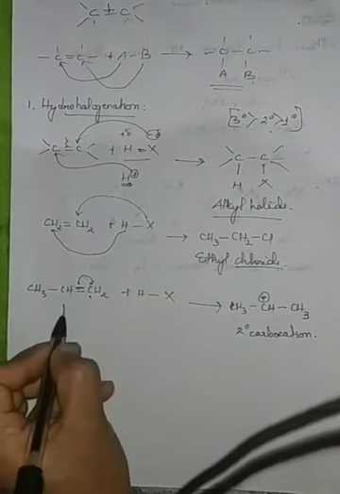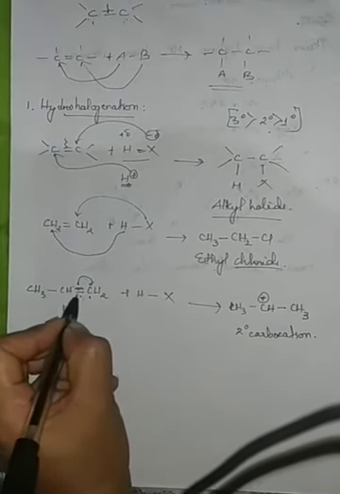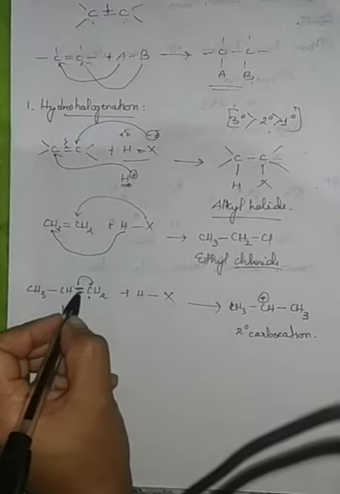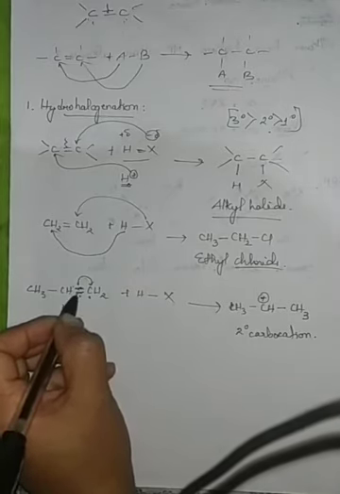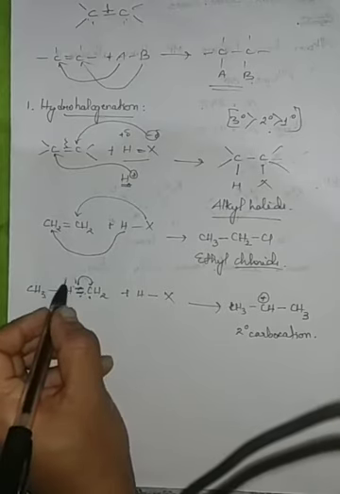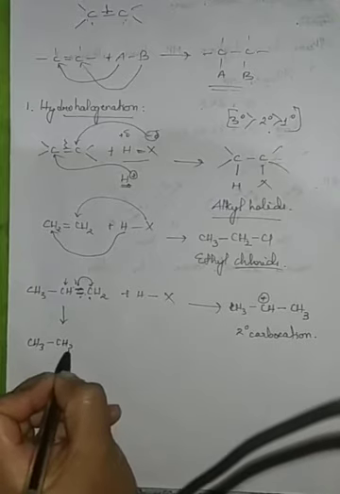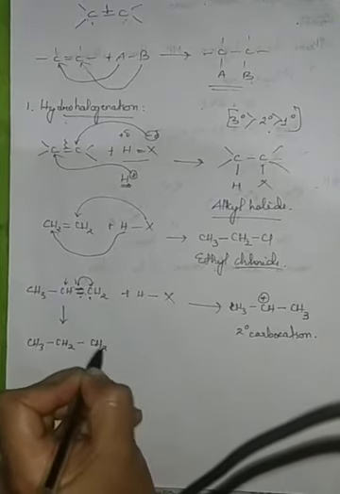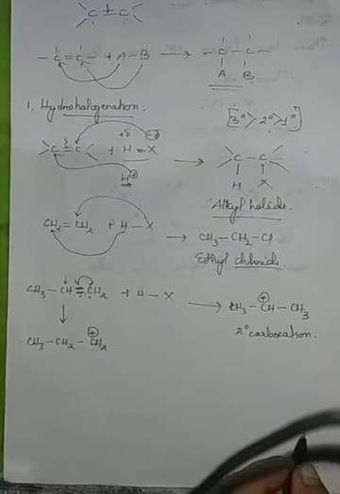However, if the reverse takes place, like if this bond were to break and, similarly, one bond breaks and the two bonding electrons move here, then we'd be getting CH2 and CH2, this would remain the same, and the positive sign would appear here.